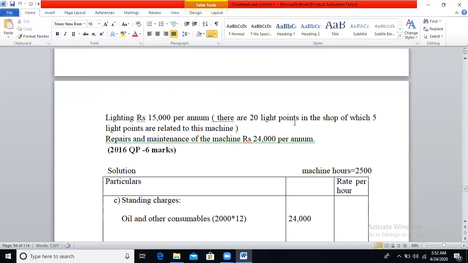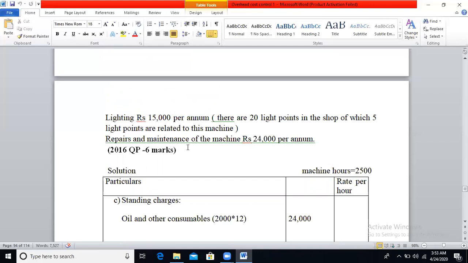There are 20 light points in the factory or in the shop, out of which 5 light points are related to this machine. So even though we have 20 light points, for this machine X we are using only 5 light points. So you have to calculate 15,000 into 5 divided by 20.